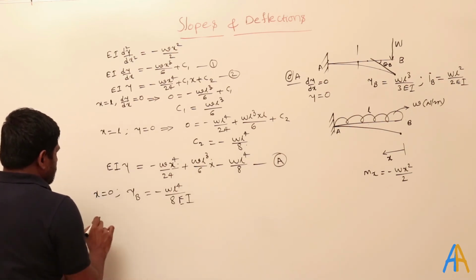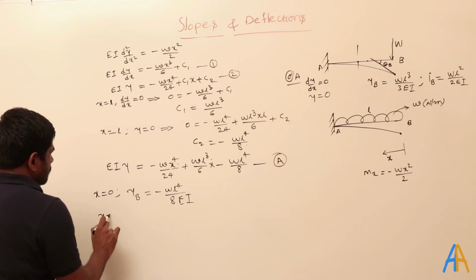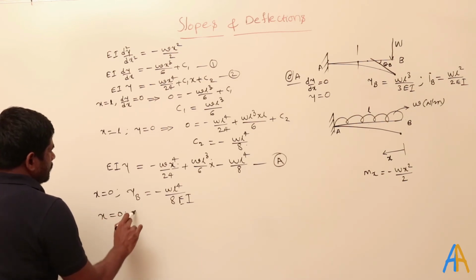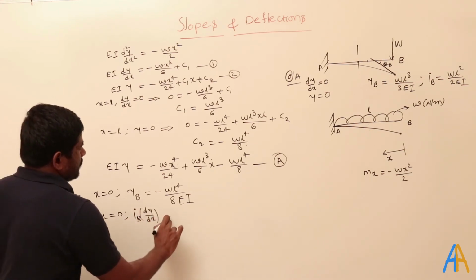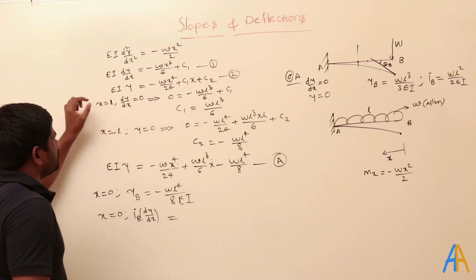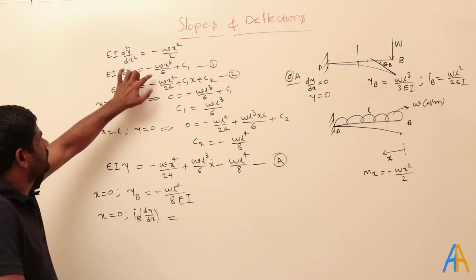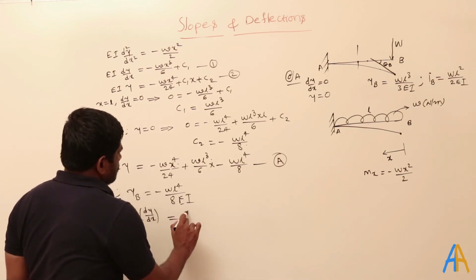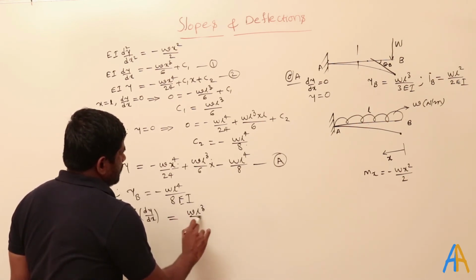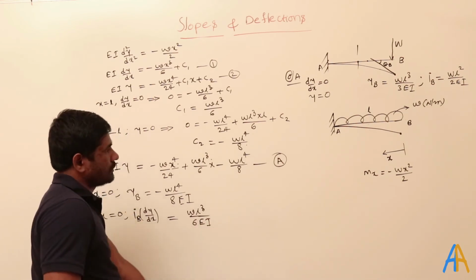And then when x equal to 0, θB is nothing but dy/dx. If I substitute that value here, where is this formula? Yes, only c1. What is the value of c1? c1 is wL³/6EI. So these are the values.